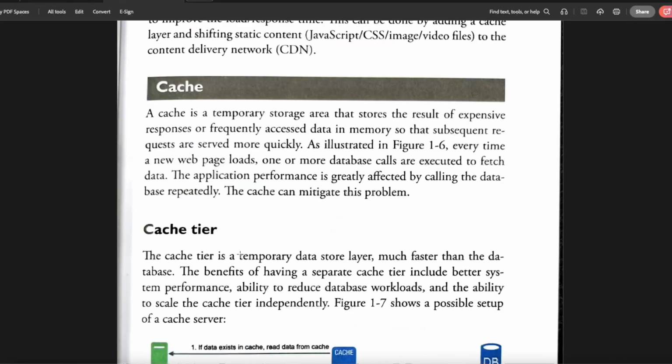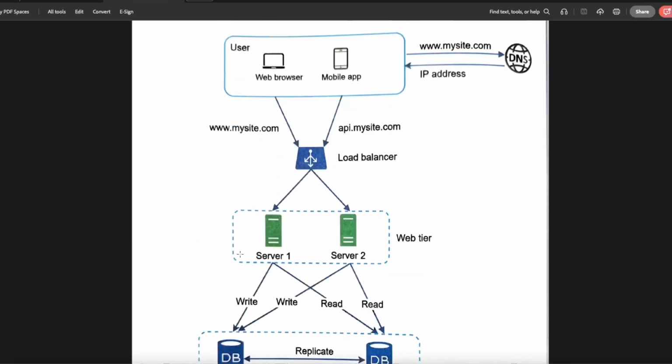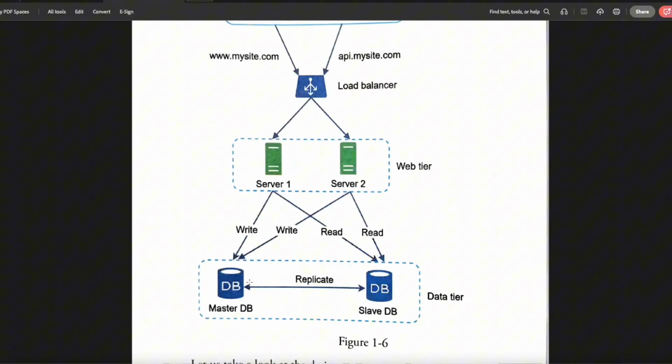In the master-slave model, what we do is the master database will handle all the write operations: insert, update, and delete operations. And we keep a slave database, which is usually used for the reading operations. The slave database will always receive replicated data from the master.